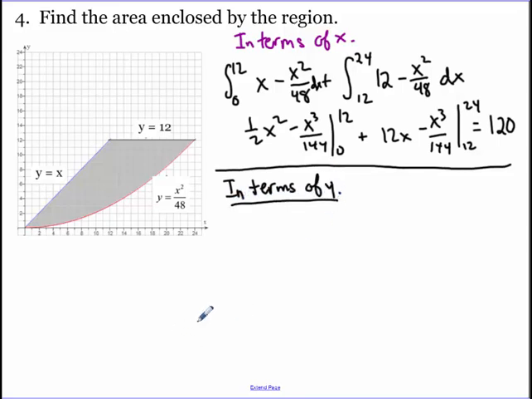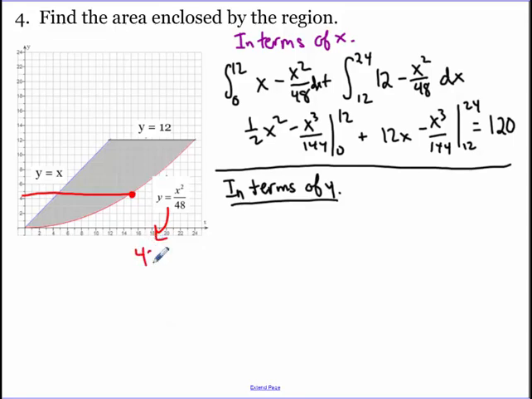Now if you look at it like you're going to the y-axis, drawing from your y-axis over, what's the farthest function? The farthest function is y equals x squared divided by 48. This function needs to be solved for x.